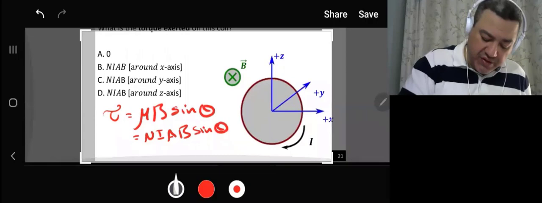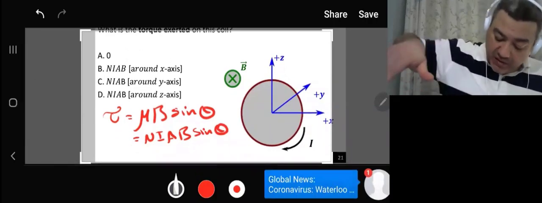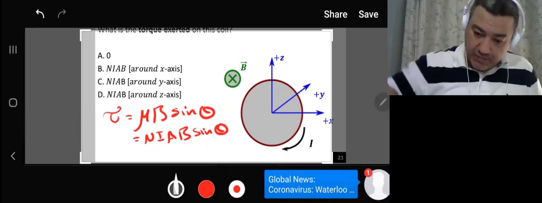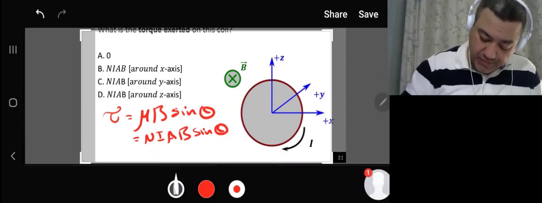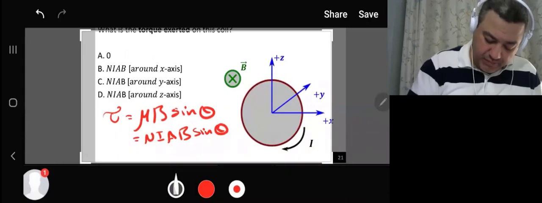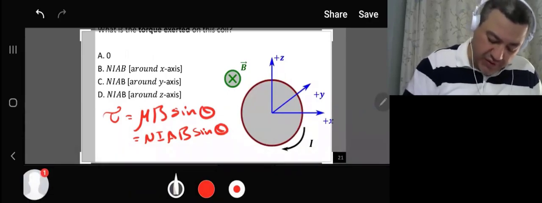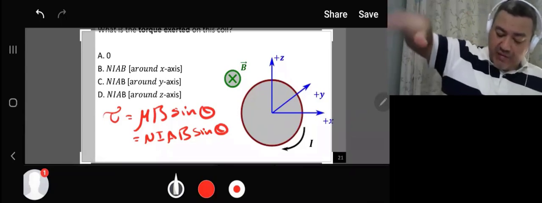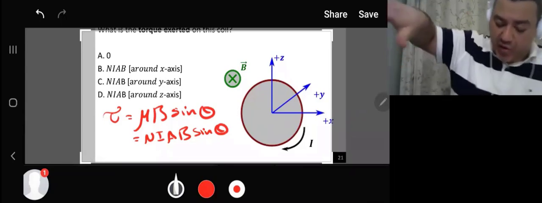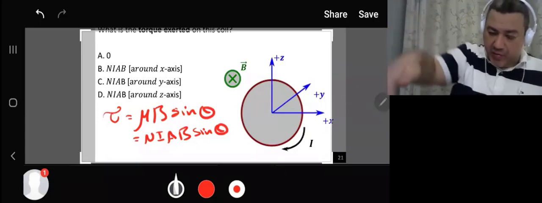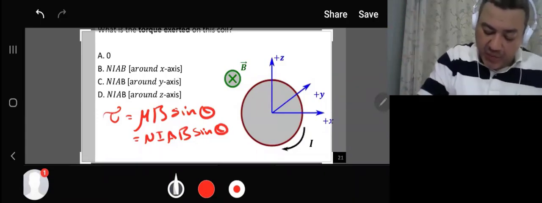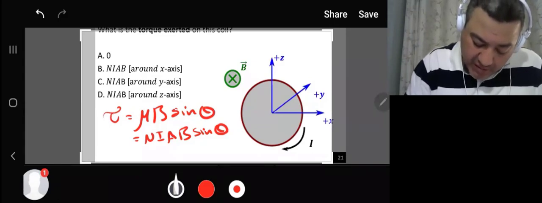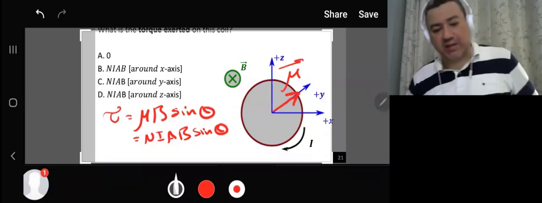So if we look at this loop, we see that the current is going clockwise, right? I have the current going clockwise. This means the magnetic dipole moment will be pointing along the y-axis.